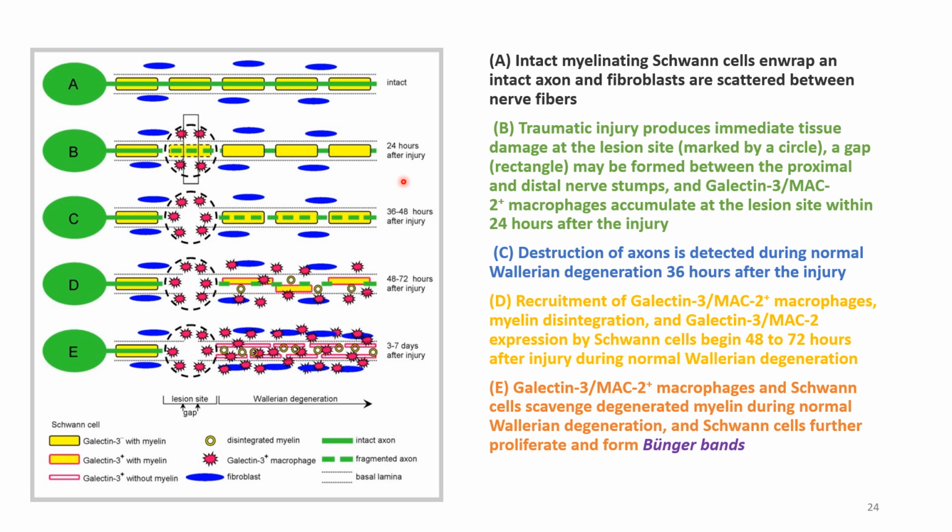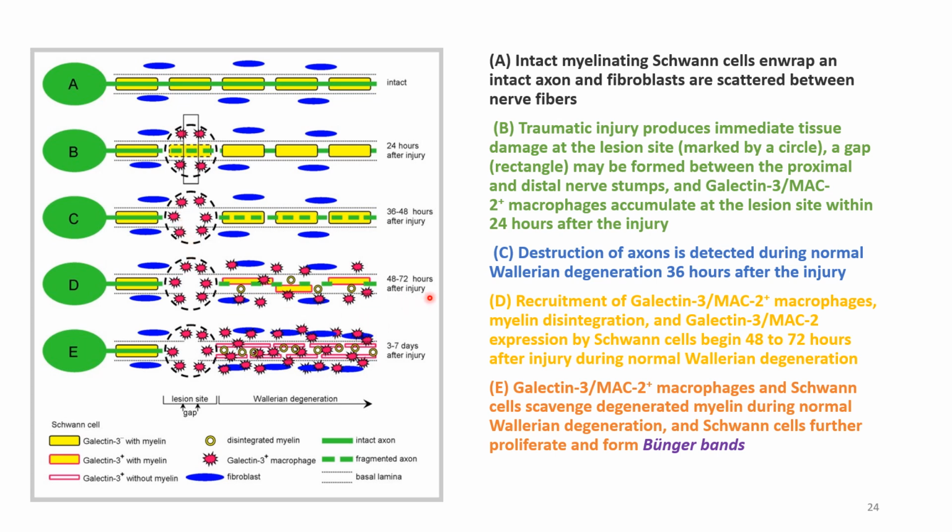So within 24 hours of injury, or approximately after 24 hours of injury, macrophages came. And between 36 to 48 hours of injury, so within 1 day, macrophages will come. Then for 3 to 4 days, the macrophages will eat up everything.